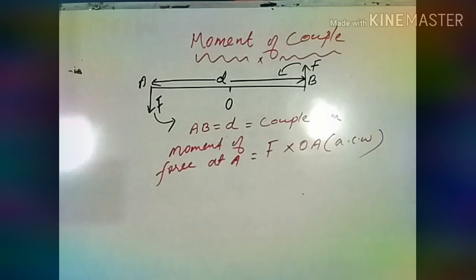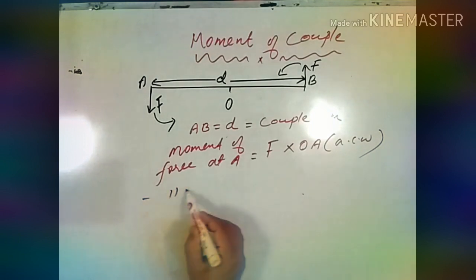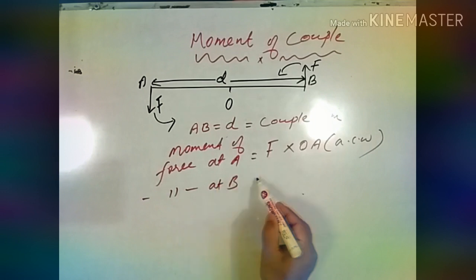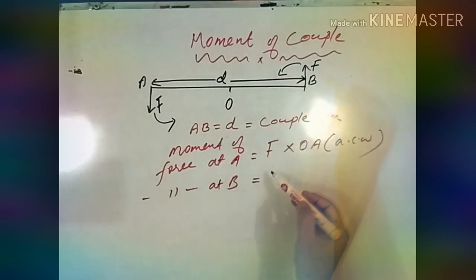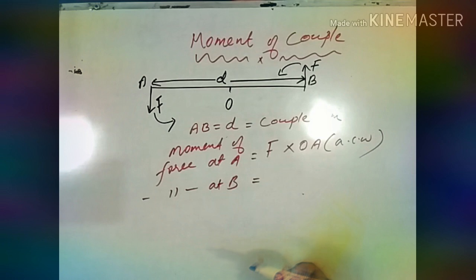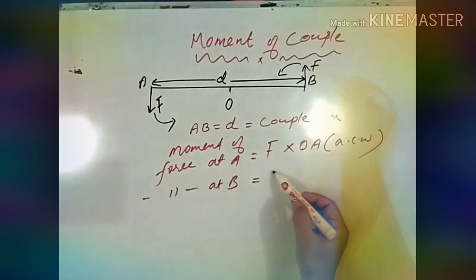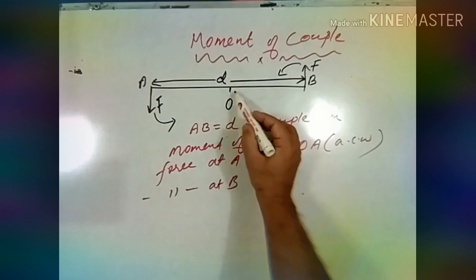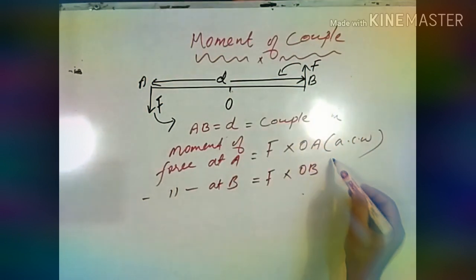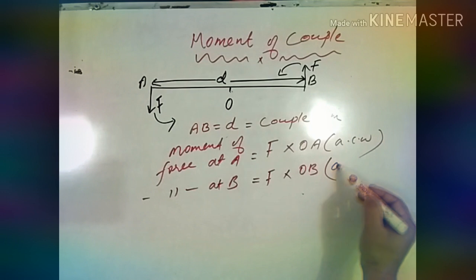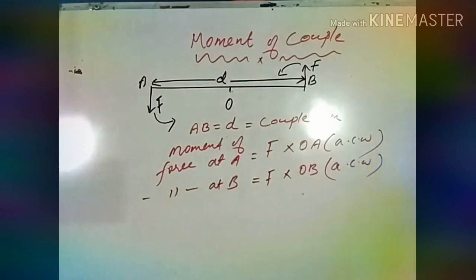What is the moment of force at the end B? Again, what is the formula for moment of force or torque? Force into perpendicular distance. The magnitude of force is F, so F into the perpendicular distance OB. Both are in the same anti-clockwise direction.